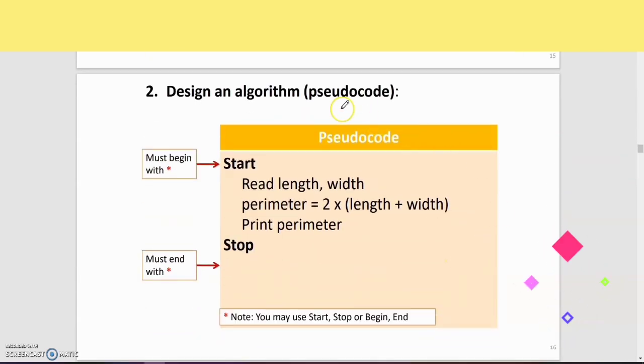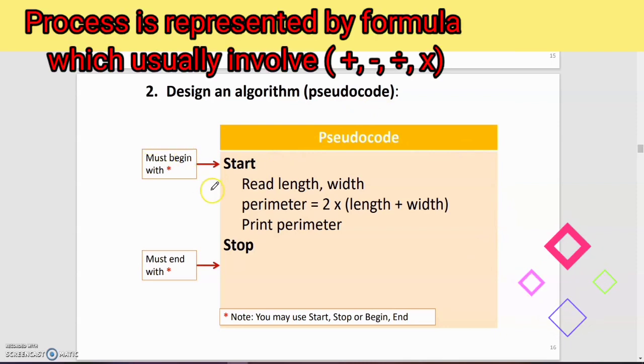This is how you write the pseudocode. It must begin with start. Tab, then write a suitable verb like read or input: read length and width. Then the formula to calculate the perimeter. After that, print perimeter. Then you write stop.